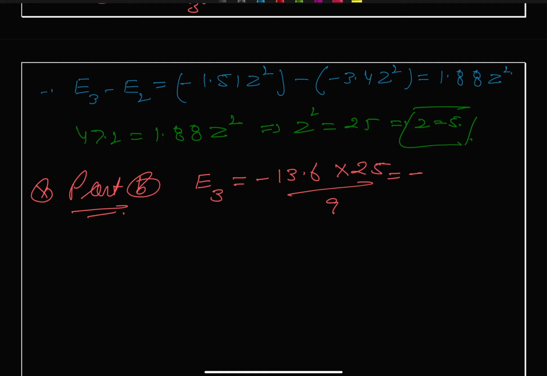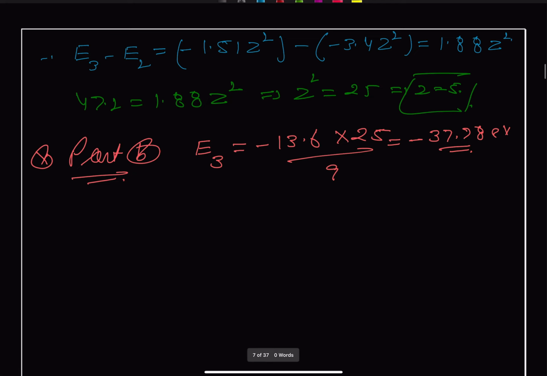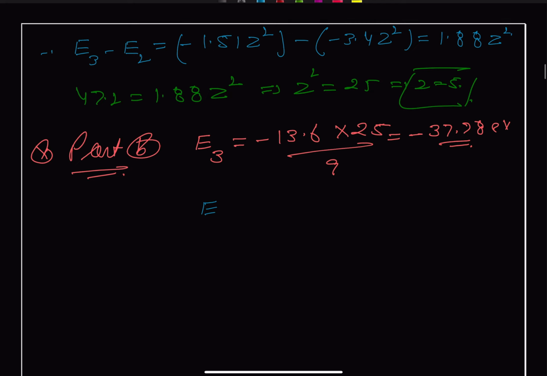which comes as minus 37.78 electron volt. And similarly we can find out for the fourth one. This will also be minus 13.6, the value of Z will be the same, and n will be 4, which gives 16, giving us minus 21.25 electron volt.